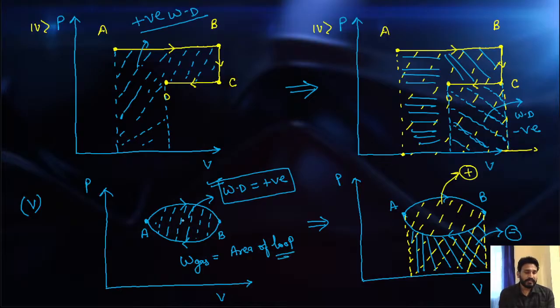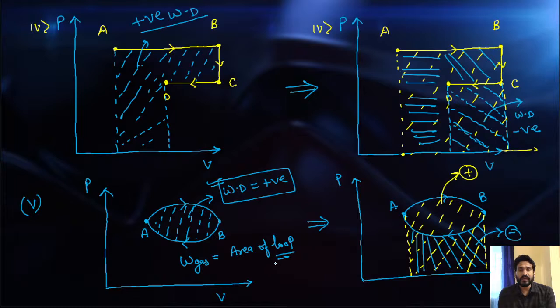So what I told you guys is that, through the basics, I calculated here that the work done is the area of this loop, right? But in the examination, there is no requirement of doing all this.